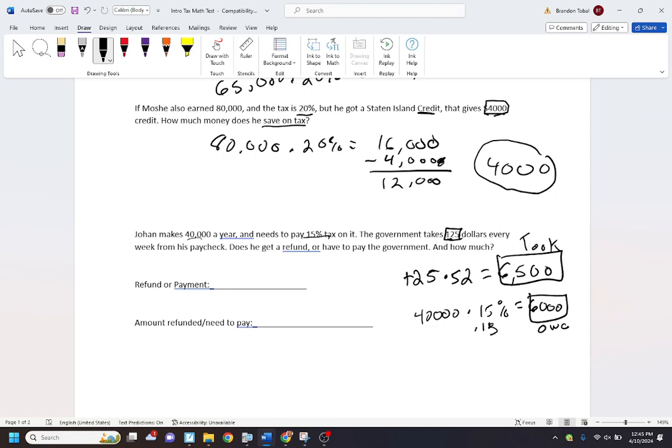That means the government needs to refund him. So in this section, you put refund because the government took too much. They have to give it back, the difference between the $6,500 they took versus what he owed. So they need to pay him $500. Okay?